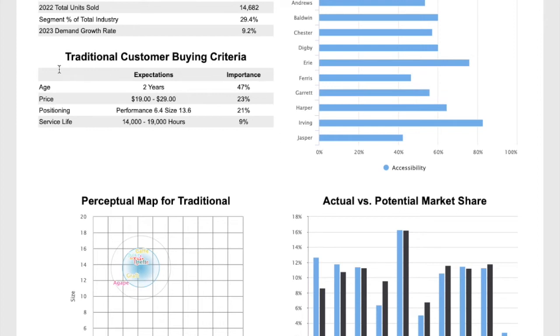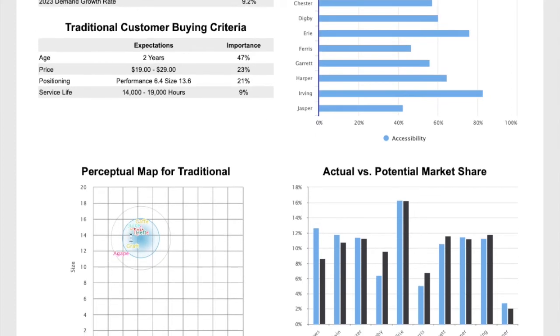In this case, you need to take a look at the traditional customer. This is the traditional product, the customer buying criteria for this round. Usually, the best place is within this circle, and right here, the darker blue area is the ideal spot, where you can sell the most.